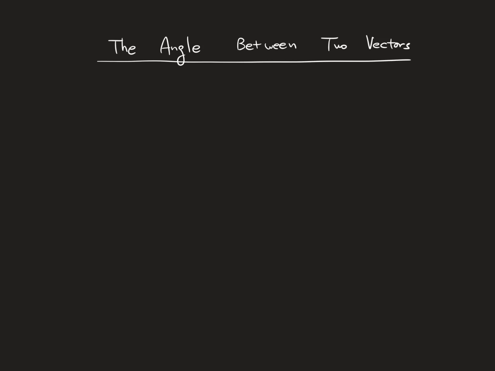The angle between two vectors. If v dot w is greater than 0, then the angle between v and w is less than 90 degrees.